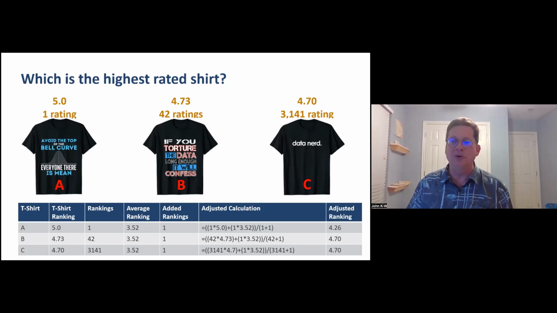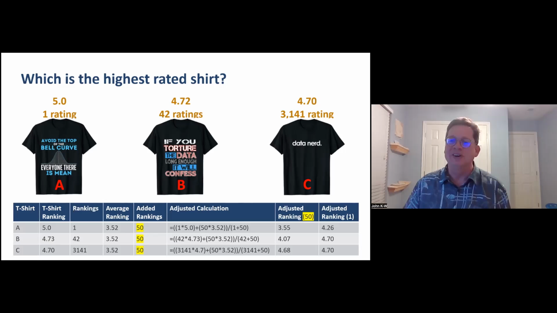So the art to this type of encoding method is how many proxy votes do you add in? And this becomes more of an art than a science situation. So if you had 50 proxy votes coming in, instead of the 4.7 ranking for one person with one proxy vote, for 50 proxy votes it adjusts back to 4.07.